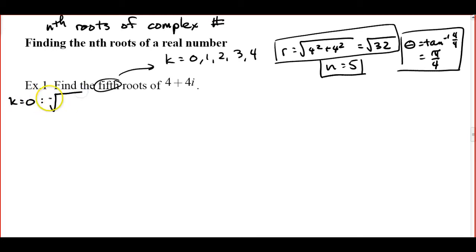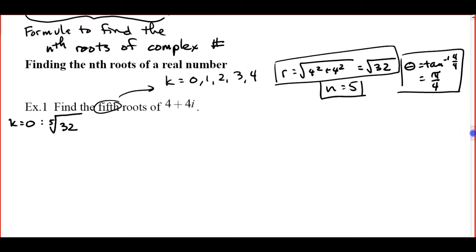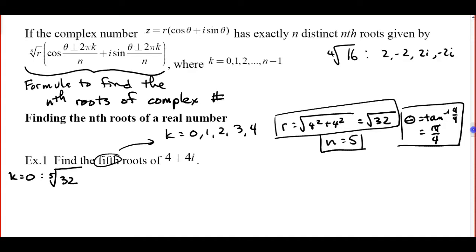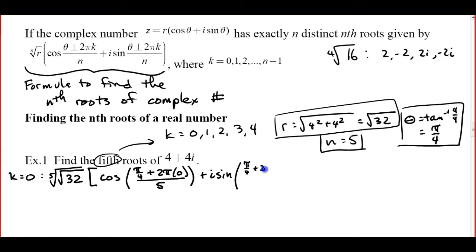So I'm going to have the fifth root of the square root of 32, sorry, that should be the fifth root of the square root of 32, times the cosine of theta, which is pi over 4, plus 2 pi times our first value of k, which is 0, divided by 5, plus i times the sine of pi over 4 plus 2 pi times 0 over 5.